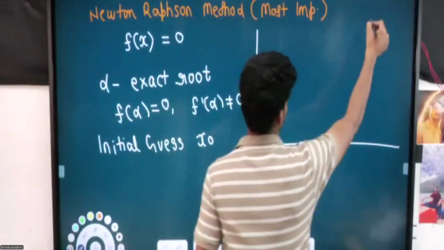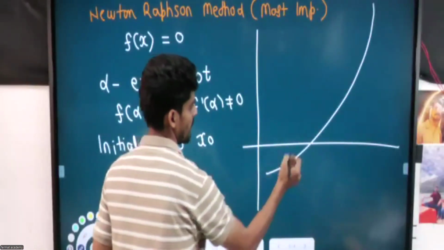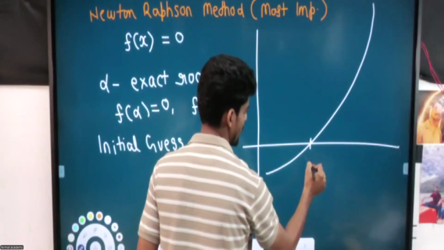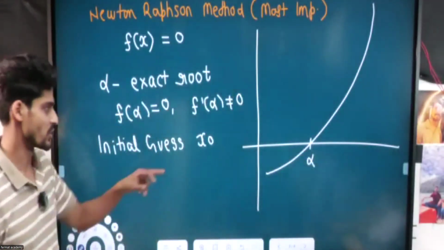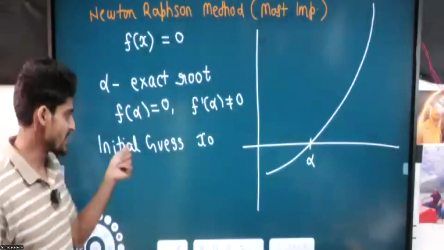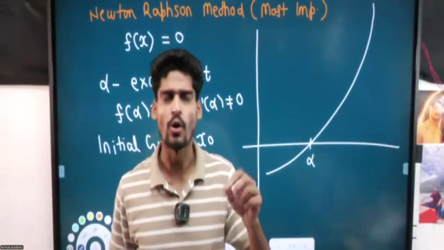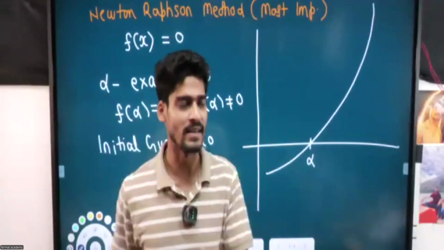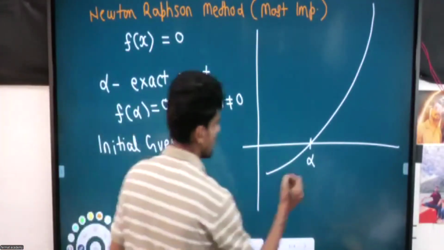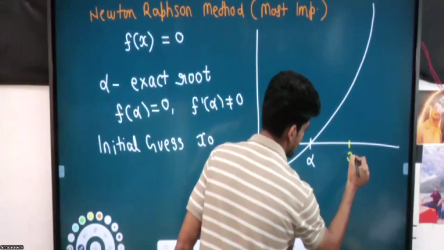Suppose your function is like this, and where it is touching the x-axis, this is the exact root alpha. Let's call that point alpha. So the initial guess is x0. You are assuming x0 is the exact zero, or suppose x0 is the approximate zero. So what will you do? You will put your x0 here.